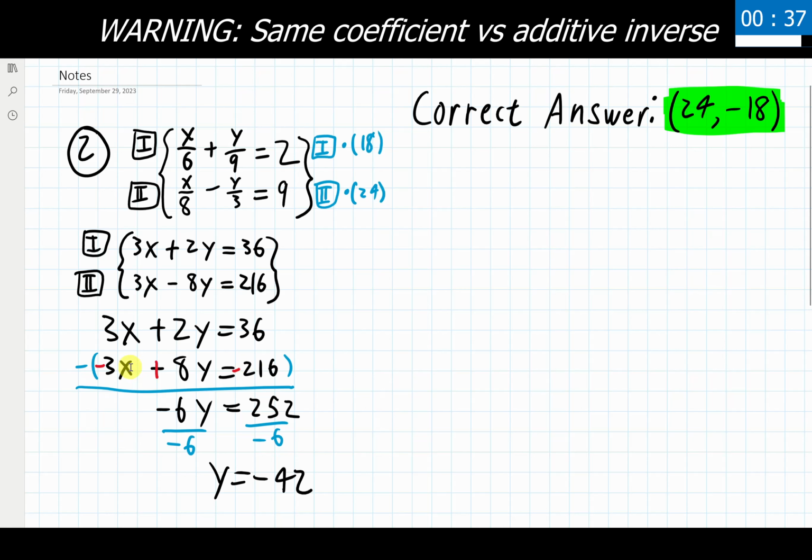I tend to find that that's the most common thing that gives people headaches with the elimination method, and it all depends on if you find the same coefficients between variables and therefore subtract, or find additive inverse coefficients between variables and then add them together. Spoiler, if you find additive inverses, you will never need to make sign changes in this step and never have to worry about this. So, I'm biased, but there's the reason that I would give for using this method over finding the same coefficients.